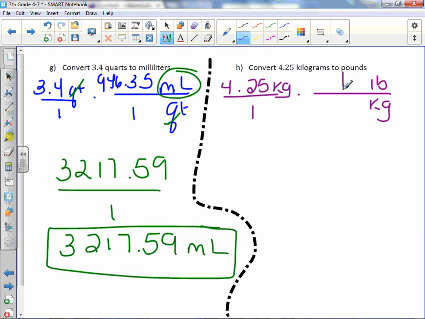So 1 pound, 0.4536 kilogram. Our kilograms cancel out to give us pounds.